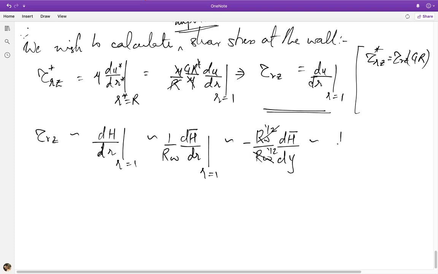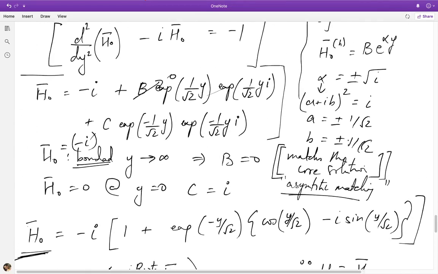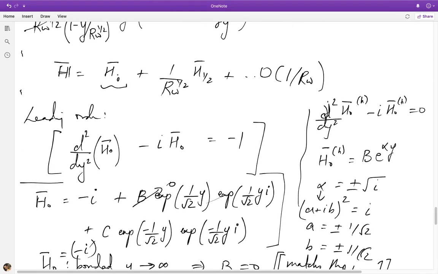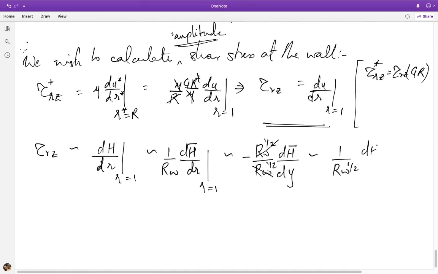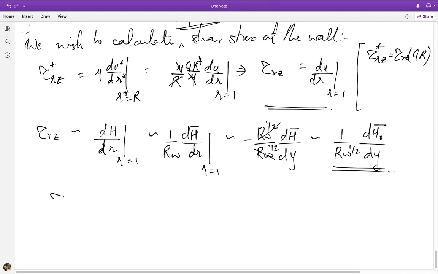And finally I can write this again ignoring the negative sign, I just want the magnitude. So I have Rw to the half, and H bar, remember I can treat it in terms of its leading order term. So H bar was H bar naught plus higher order contributions. If I just take the first term, this then becomes dH bar naught by dy. So what we get from all of this is that the non-dimensional shear stress at the wall, the amplitude, right? So I'm interested only in the amplitude here.